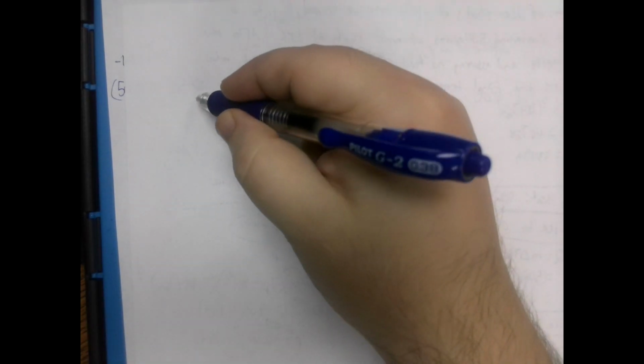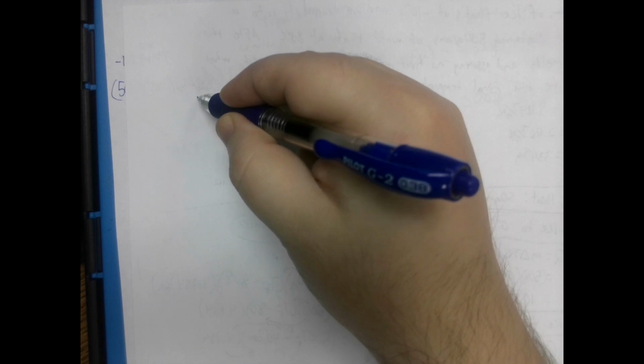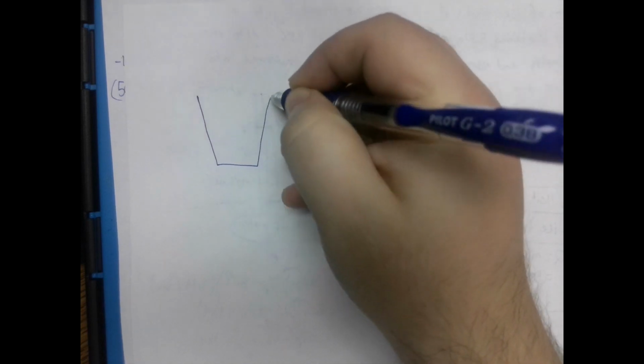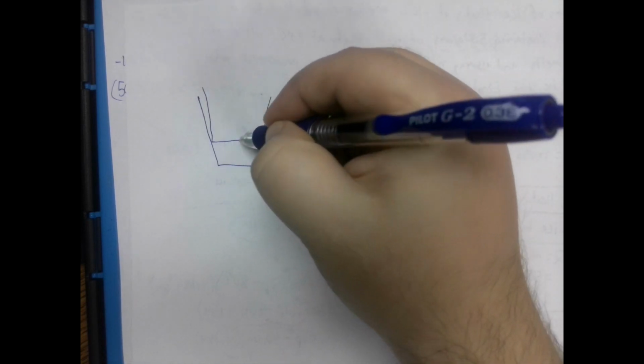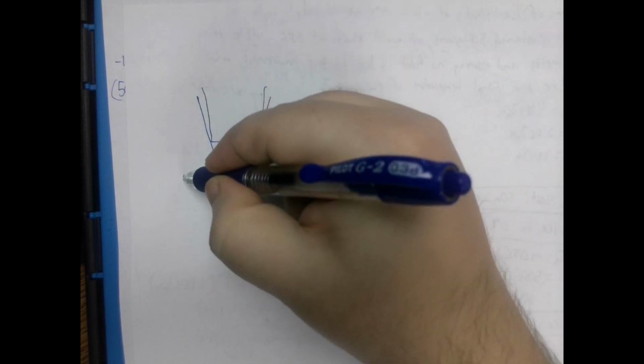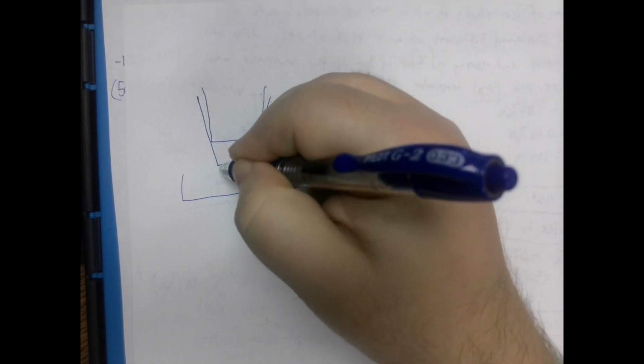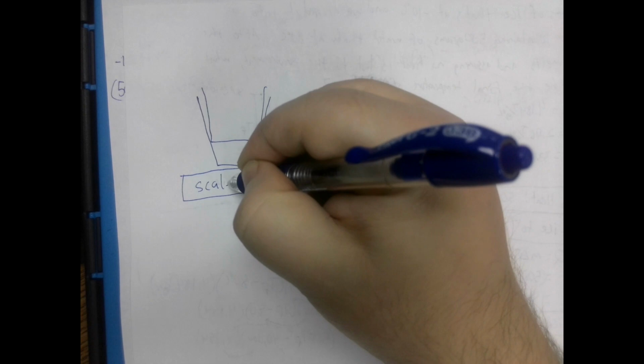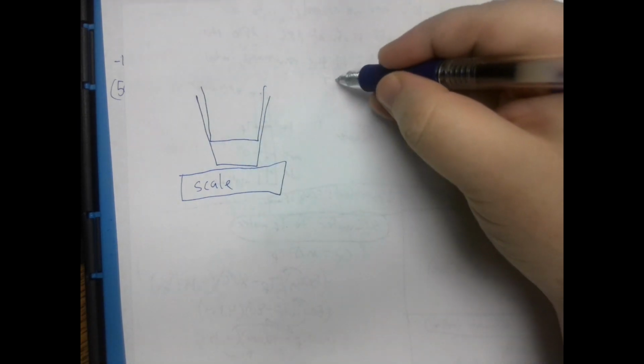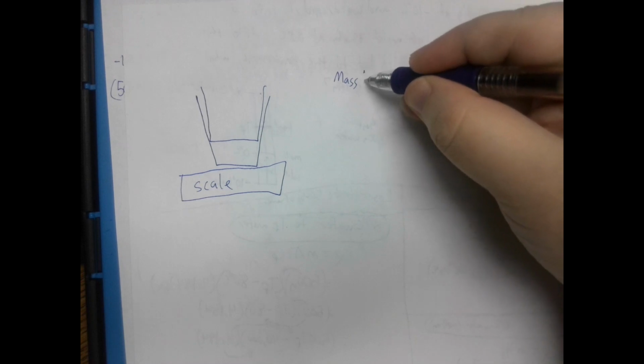But what we'll do is build a calorimeter, a coffee one, have it on a scale. We'll take the mass of the cup.